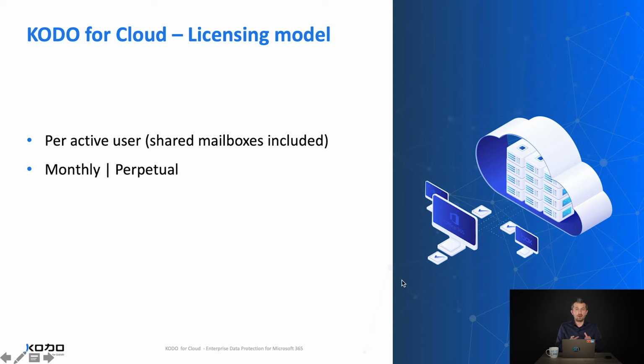Also, you need to be aware that shared mailboxes are included, so we do not count them into the licenses you need, and of course shared mailboxes are protected as well. There are two options. There is a monthly payment, which is a kind of subscription, and there is a perpetual one, where you purchase for a year, 2 or 3 with the maintenance itself.